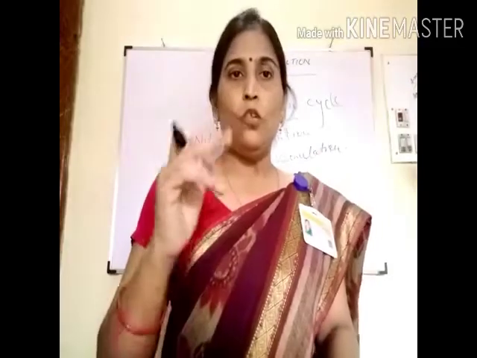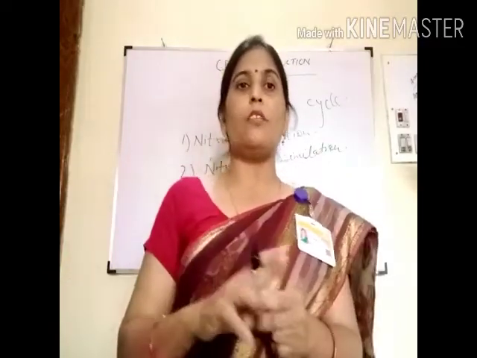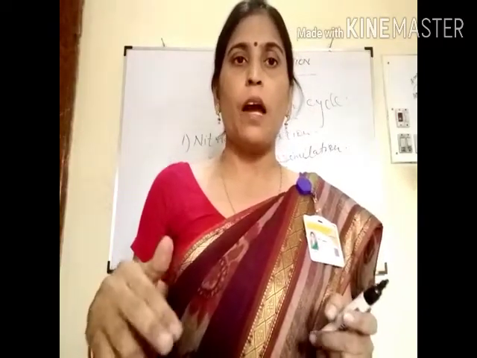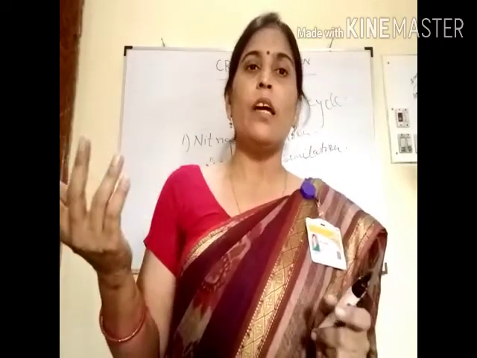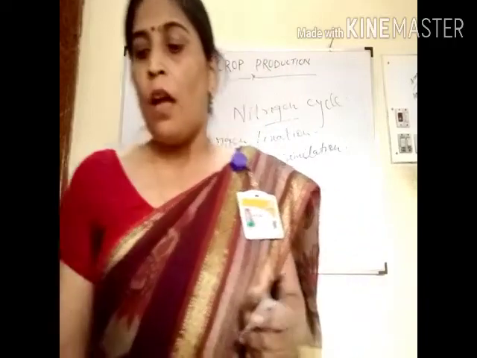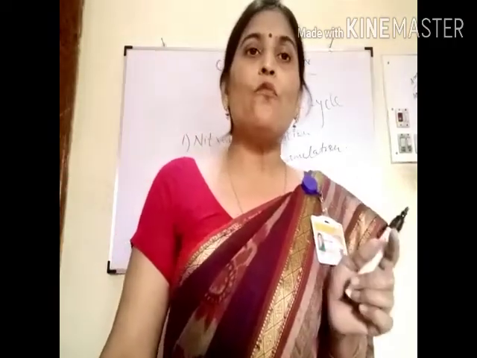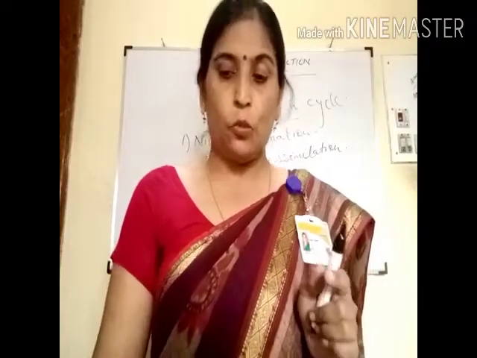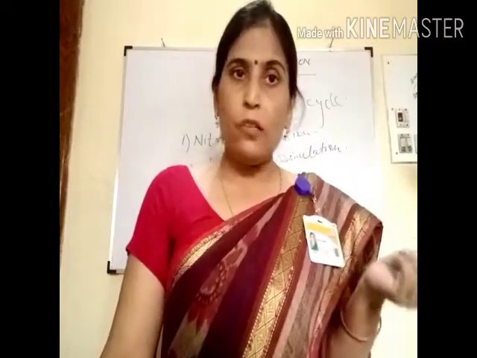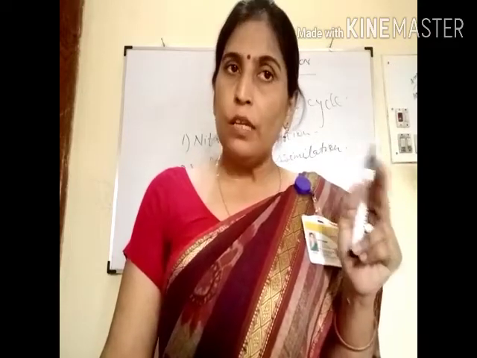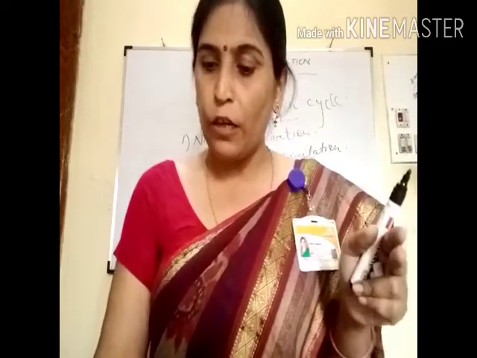So this is all about the nitrogen cycle: how the nitrogen circulates in the atmosphere, how it is used by the plants, and again how it goes back into the atmosphere. Now we get some food from animals also. Plants give us food, and some animals also give us food and other food products.